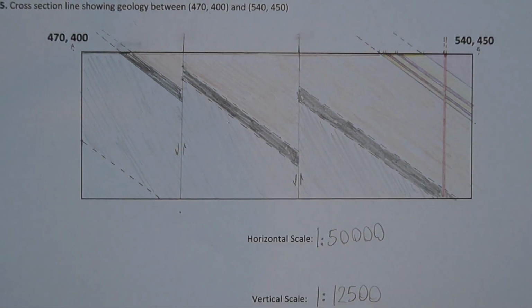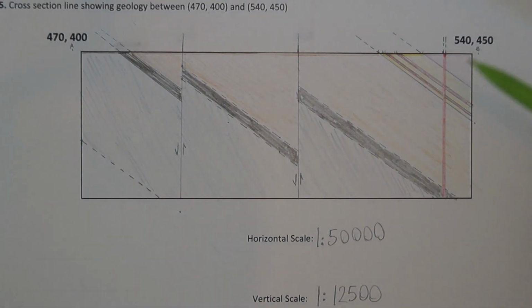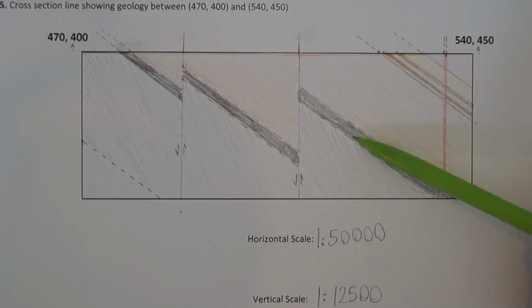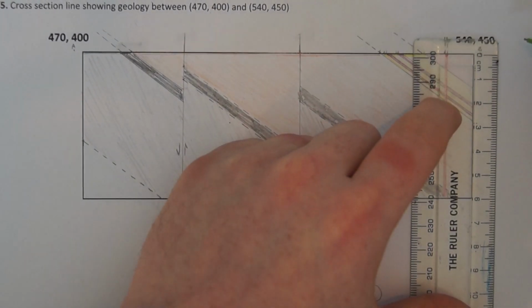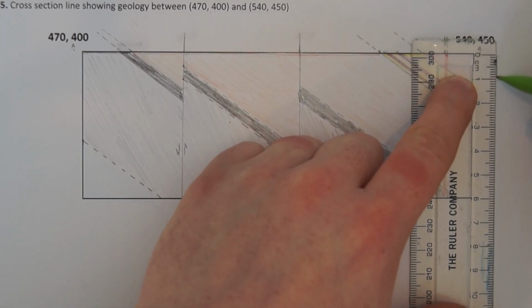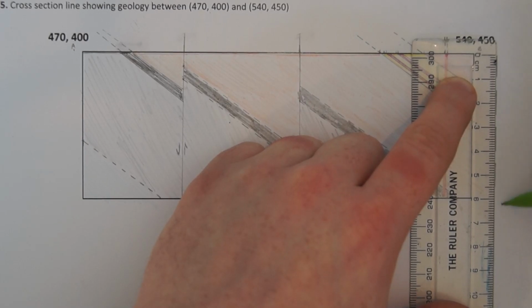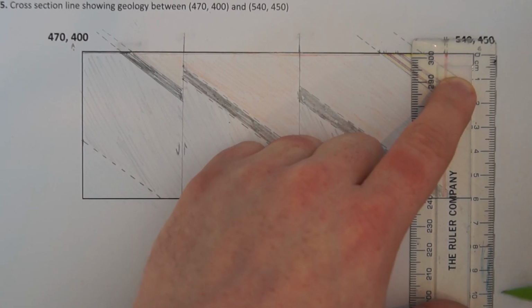Okay, that's pretty good. Then the only other stuff that we need are to put our rock types on, and I think we've got 1, 2, 3, 4, 5, 6, 7. So on the left hand side here, I'm just going to give me a key of 1, 2, 3, 4, 5, 6, 7.